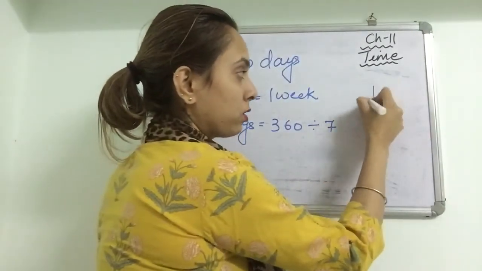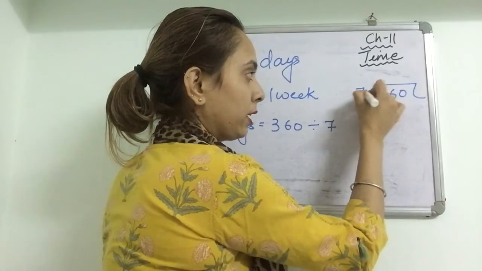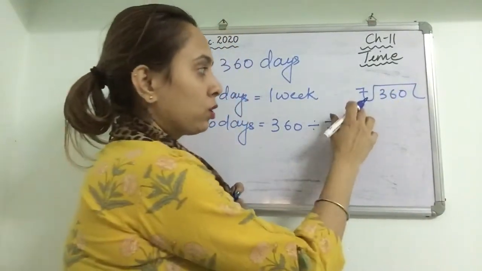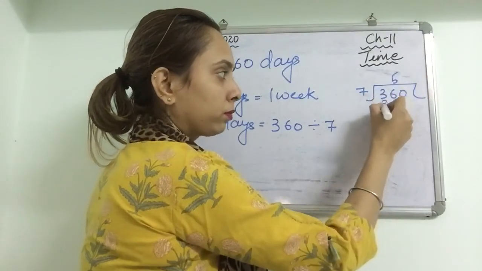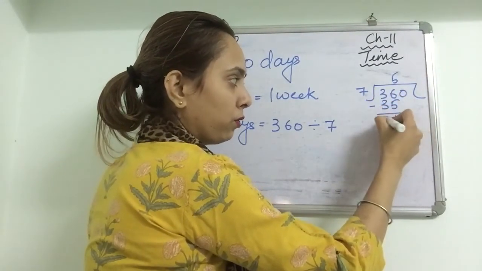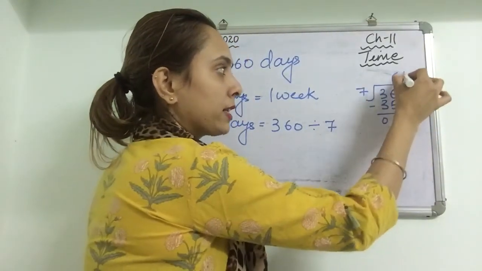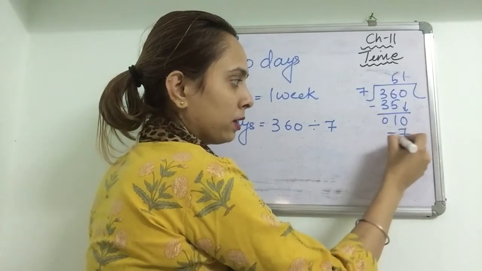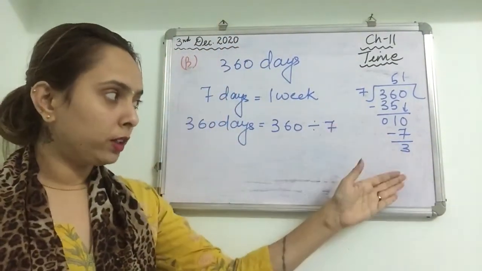Students, just concentrate here now. 360 divided by 7. So we will start, 7 5s are 35. 1 and 0. Again 7 ones are 7. So now we cannot divide further.